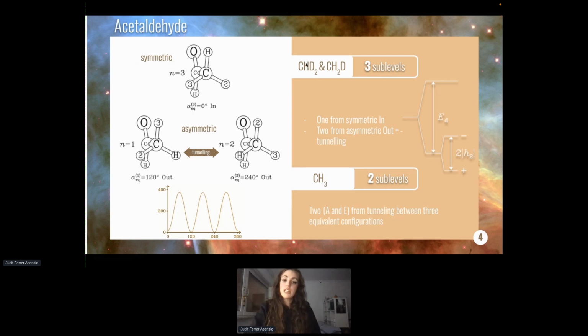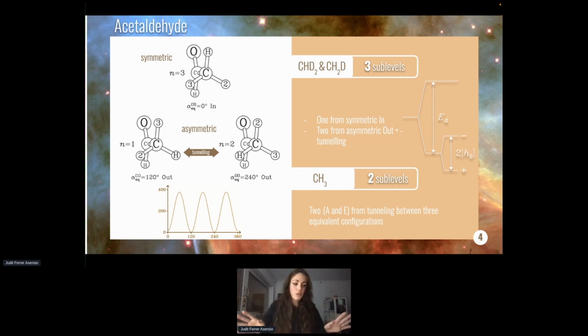So for the singly and the doubly deuterated acetaldehyde, we have three torsional sublevels, one coming from the symmetric conformer, which we call in, and two coming from the tunneling between the asymmetric conformers, or out. This is in contrast with the main isotopolog, which just shows two sublevels of tunneling between three equivalent configurations. And all of this is to explain that it's difficult to fit the spectra of this molecule.